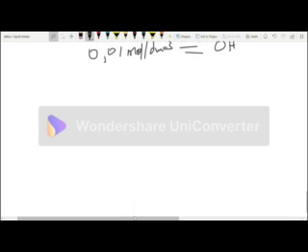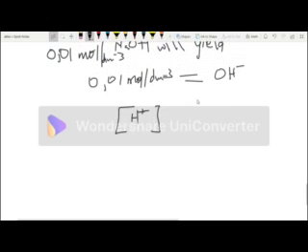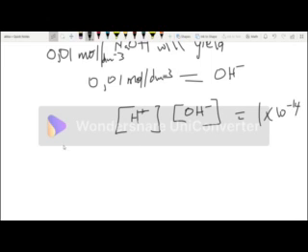Then just remember something quickly, that if you have the H plus, the H plus will represent the hydronium, and you multiply it by the OH minus, then you're going to have 1 times 10 to the negative 14. Now let's try to solve it in this instance. Remember, here we have an H plus.